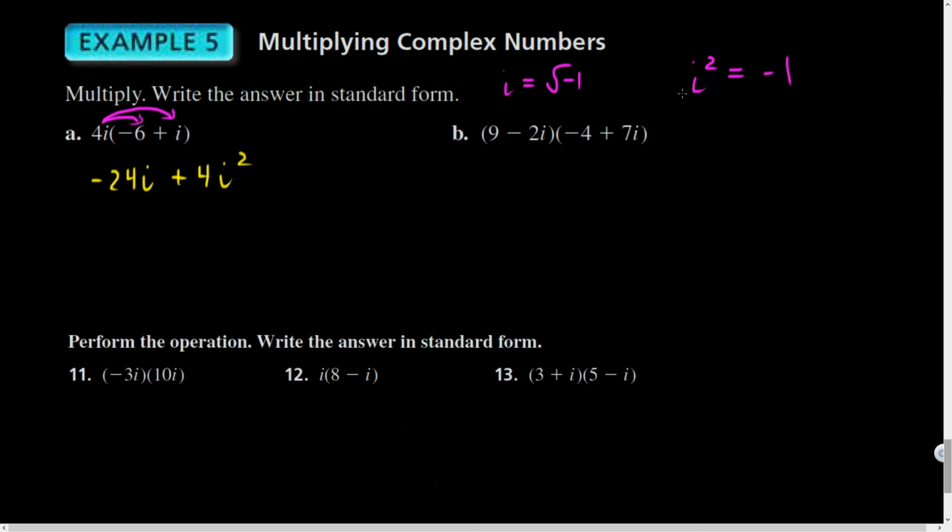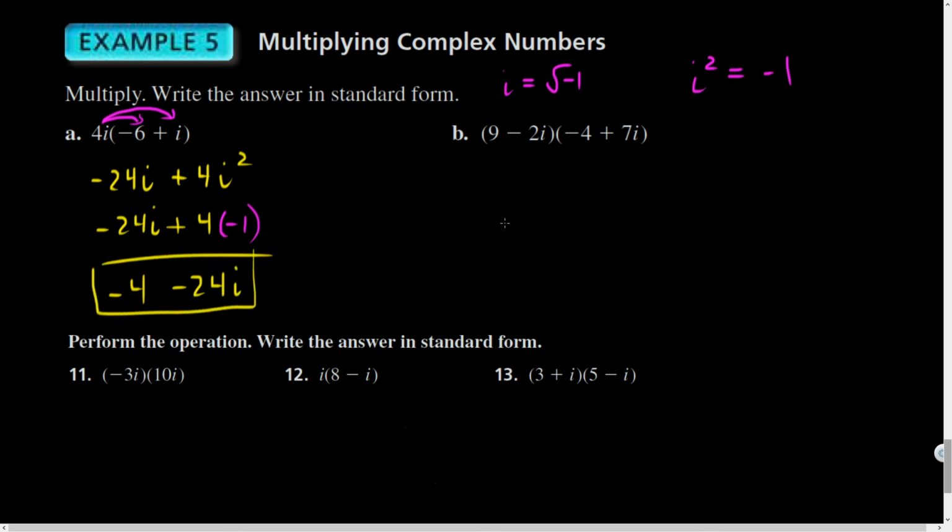If I square a pure imaginary number, I will get a real number out of it. And so this i squared is the same as plain old negative 1. So this would be 4 times negative 1, which is negative 4. And let's rearrange this so it's in standard form. So that's negative 4 minus 24i.